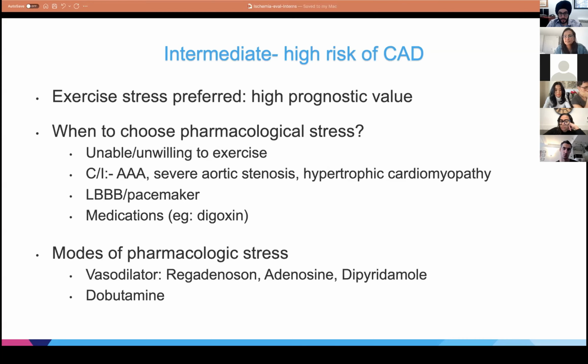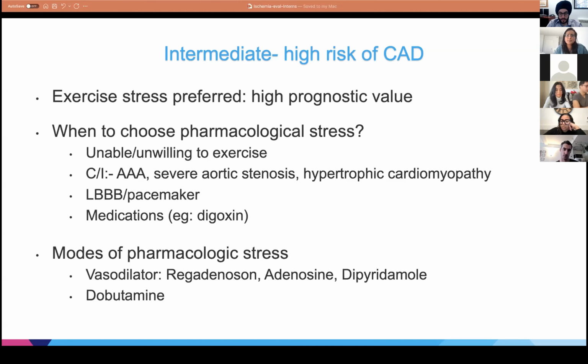When the patient has severe aortic stenosis or hypertrophic cardiomyopathy or an aneurysm, exercise testing has a relative contraindication. So those patients, if they need stress testing, should undergo pharmacologic stress.